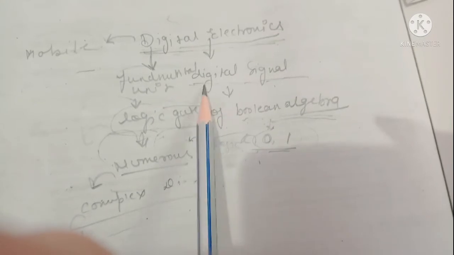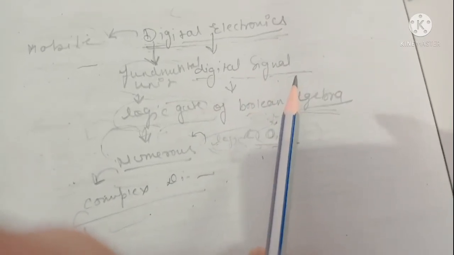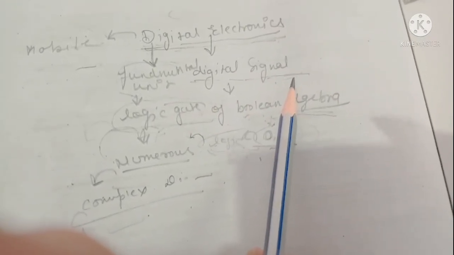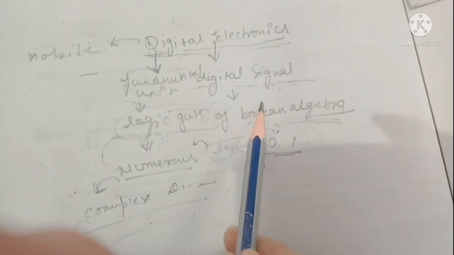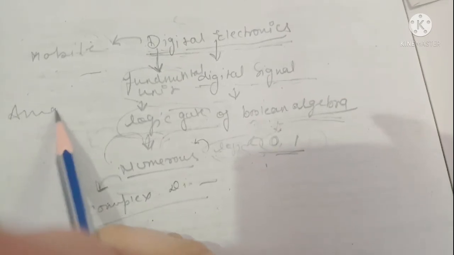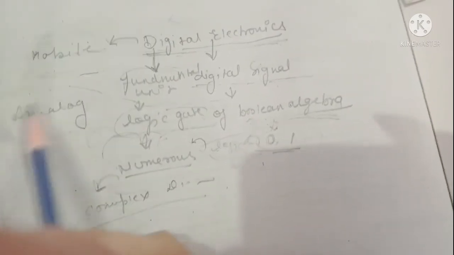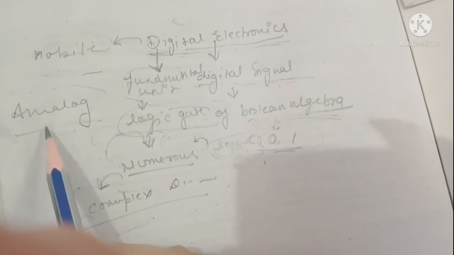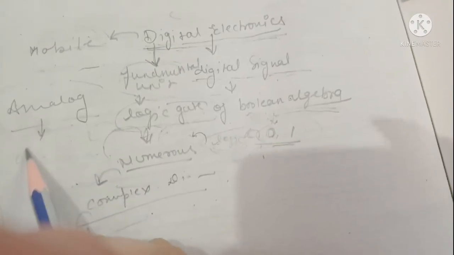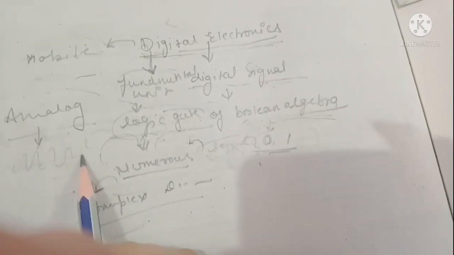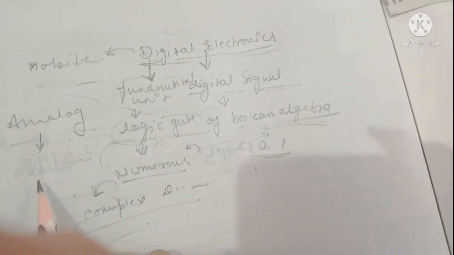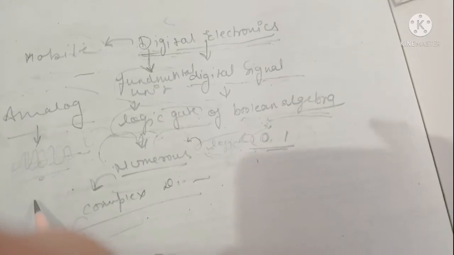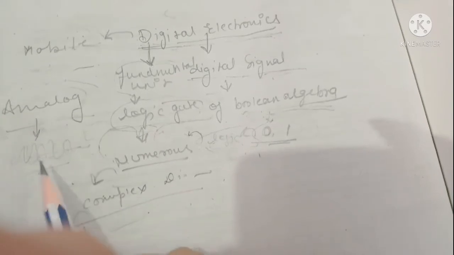So if you are saying digital signal, then what is this and what is an analog signal? There are two types of signal. The first one is the digital signal and the second one is the analog signal. Analog signals are those signals having continuous changes of physical phenomena, varying with time. In hospitals and other scientific organizations, they use the analog signal.